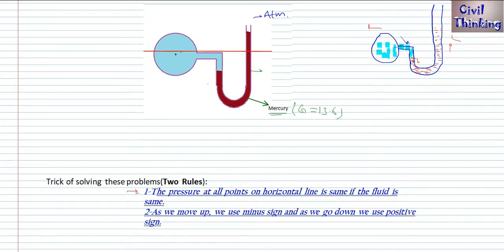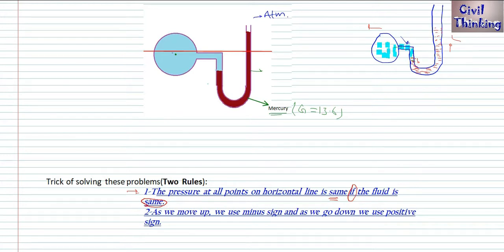Now see, this is a horizontal line, and here is written the pressure at all the points on a horizontal line is same. The pressure on this line is same if, here is a condition, it's very important, if the fluid is same. Very important, if the fluid is same, the pressure is going to be same.